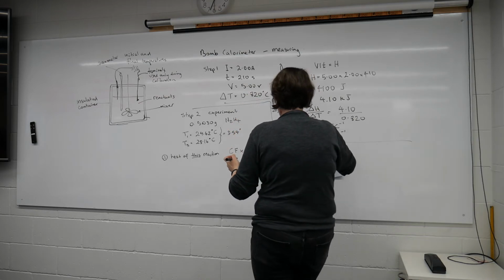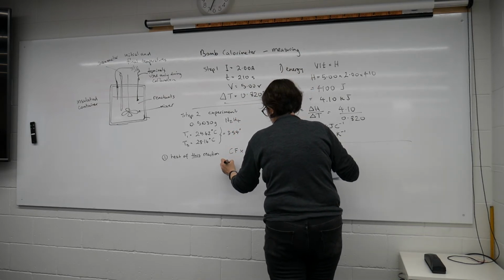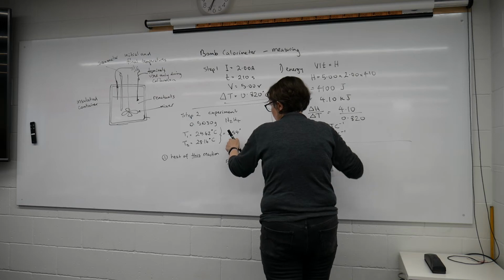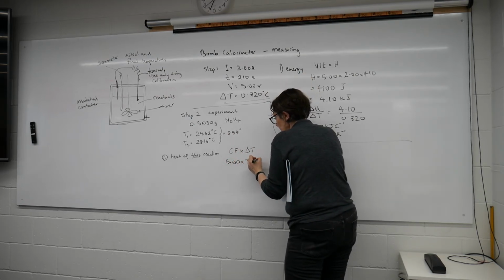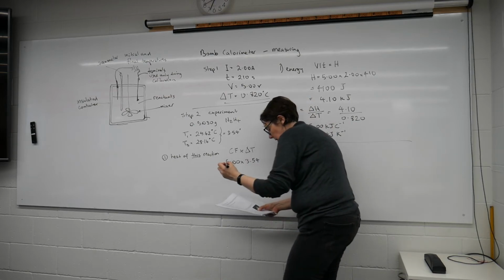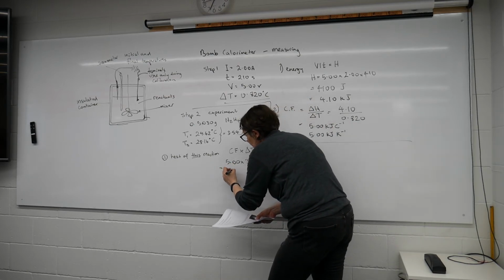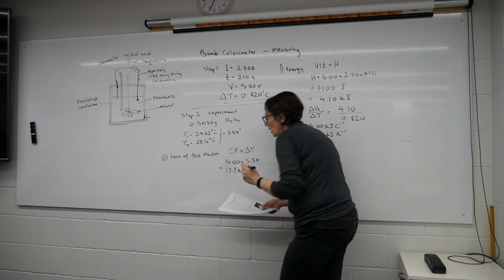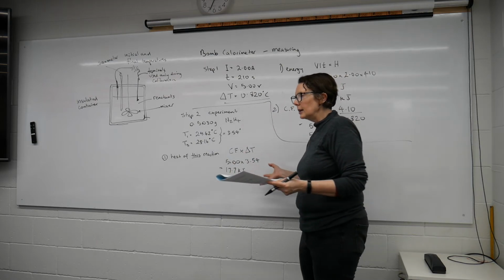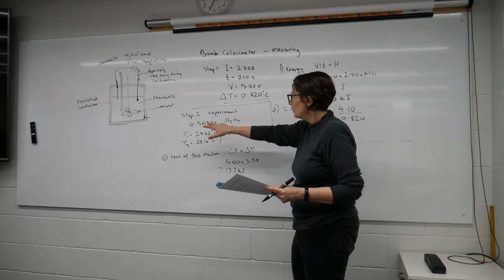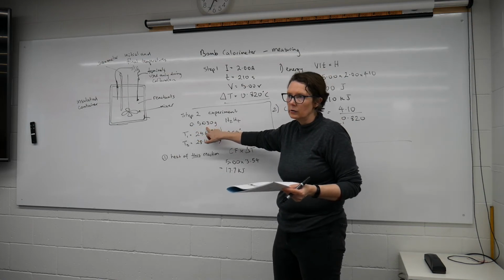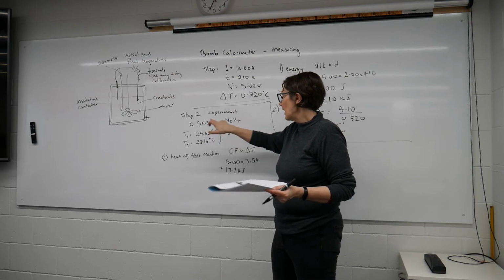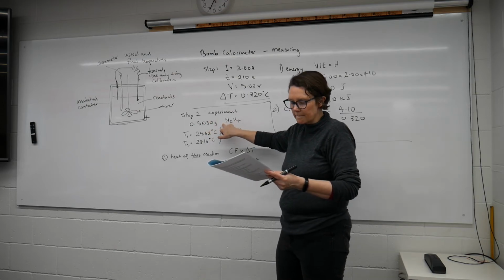So we're going to multiply our calibration factor by the change in temperature of our reaction, and we get 17.7 kilojoules. But that is not the answer to the question, because that's only for 0.5030 grams of hydrazine.